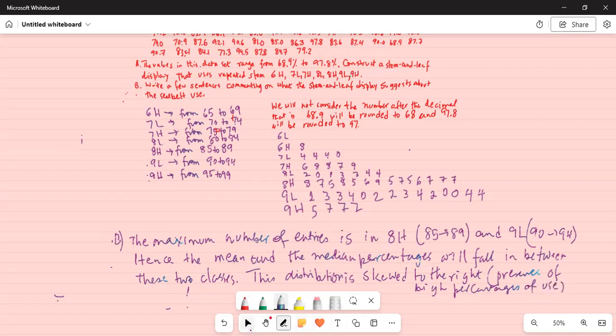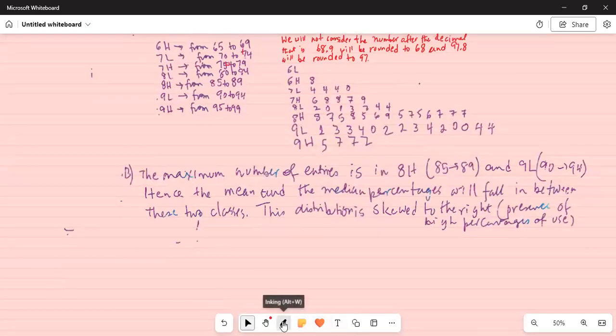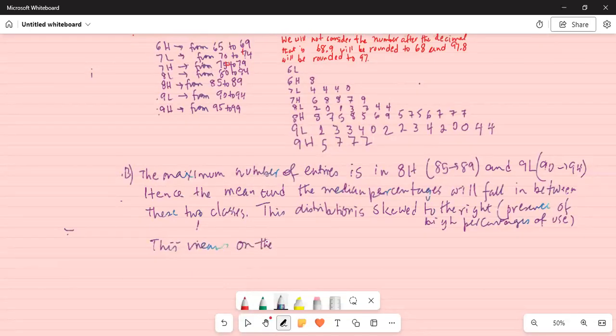So this means that, on the average, a higher percentage of people are using seat belts.